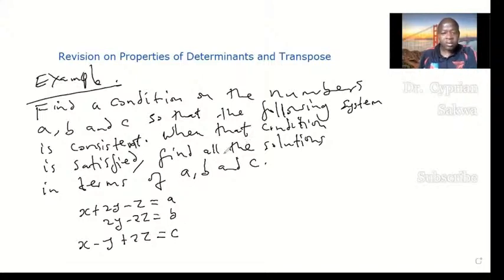Now, you know what a consistent system is. This is a system that has a solution. And we said last time that a system that has no solution is referred to as inconsistent. So the question wants us to find what the condition on a, b, c should be such that this system would have a solution.